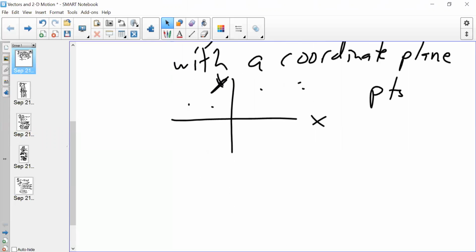So we call the points in the plane rectangular coordinates. More or less they're defined by rectangular coordinates, x and y coordinates.